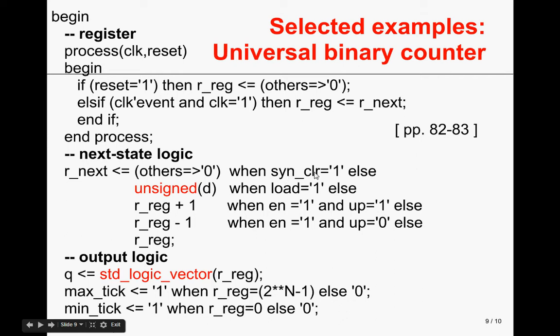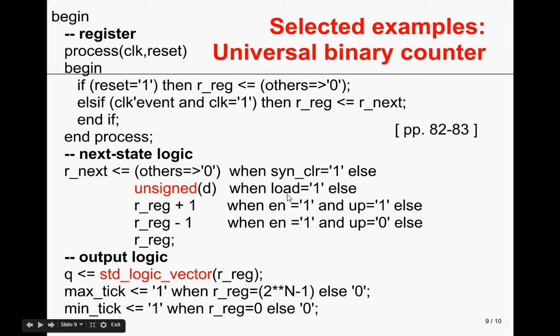One is the asynchronous reset signal that we are already familiar with, but now we have the synchronous clear signal. And when the synchronous clear input is at 1, then the next state will take the value of all zeros. But now the next state will only become the current state when there is a rising edge in the clock. So this synchronous clear is indeed synchronous in the sense that our next will become all zeros, but this will become the current state only when we have the next rising edge in the clock.